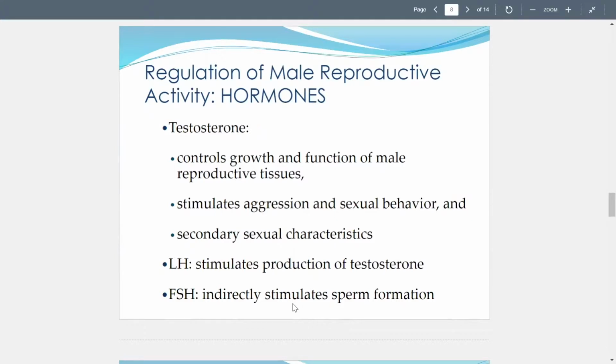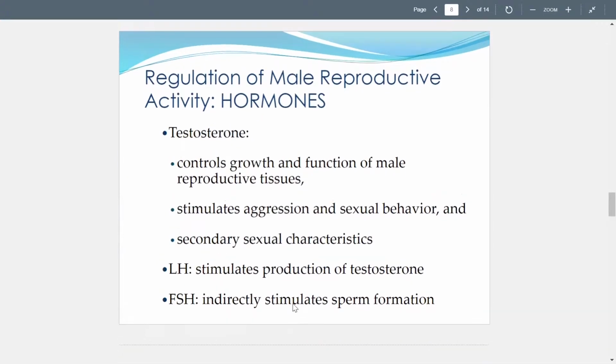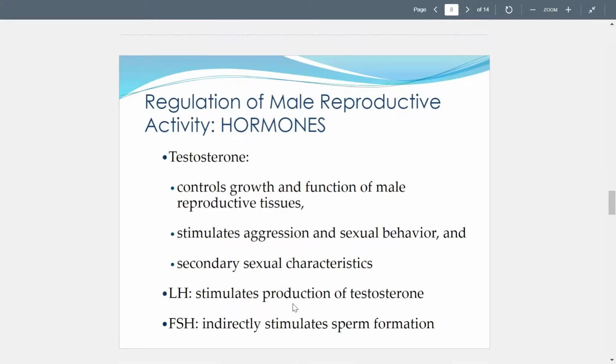And then also the hormones of the male are testosterone, LH, and FSH. So testosterone controls growth and function of male reproductive tissues, stimulates aggression and sexual behavior, and produces secondary sexual characteristics.